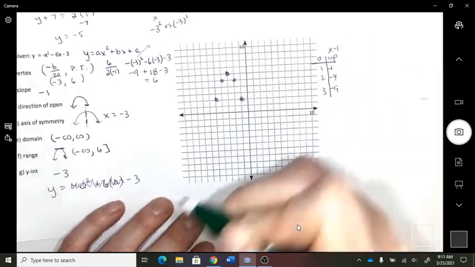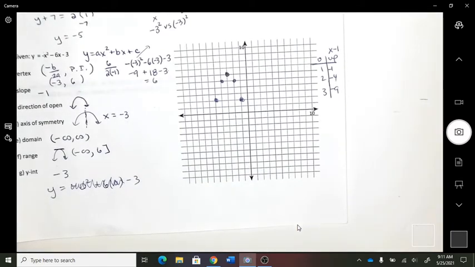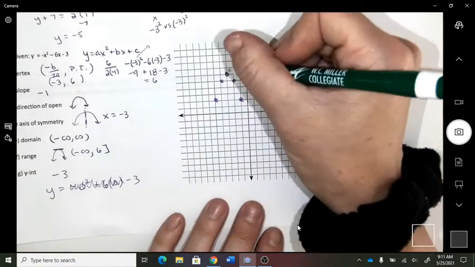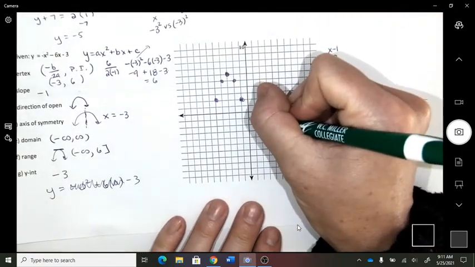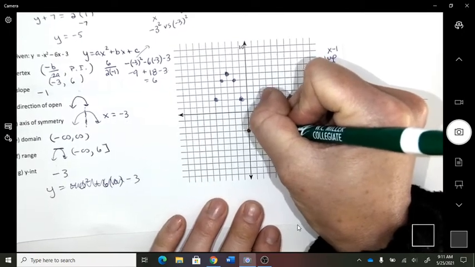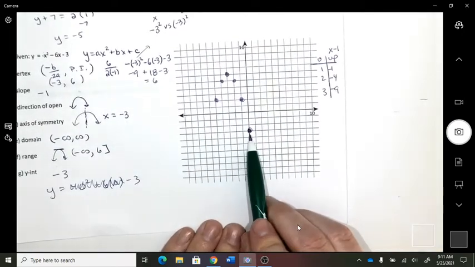Two over 4 down. By the way, your Y-intercept is negative 3.